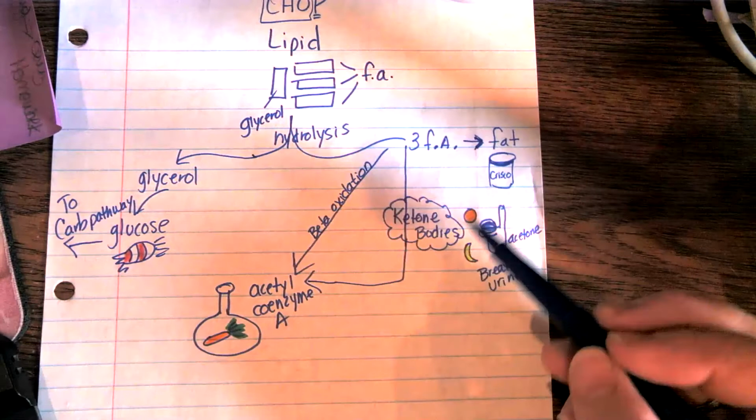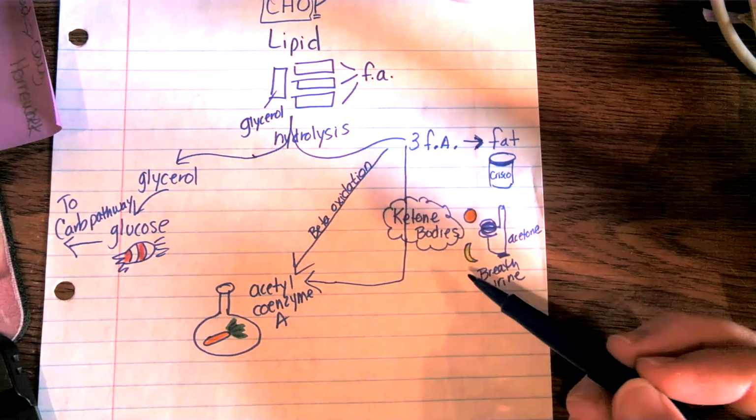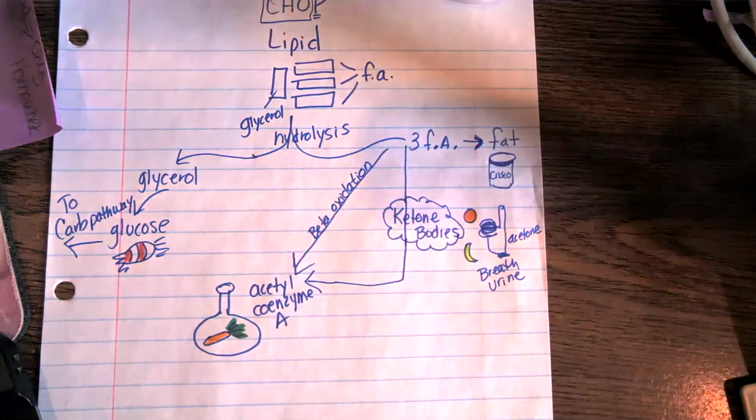Now, if you're metabolizing fat because you're on the Atkins diet, which is a high protein diet, or if you were fasting, you would release a lot of ketones. That's great.